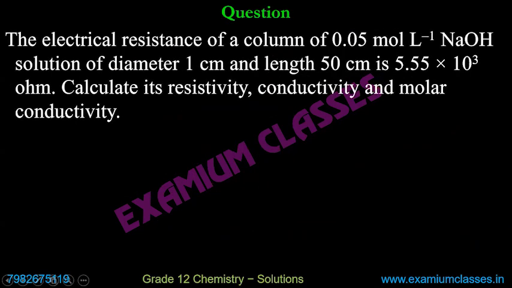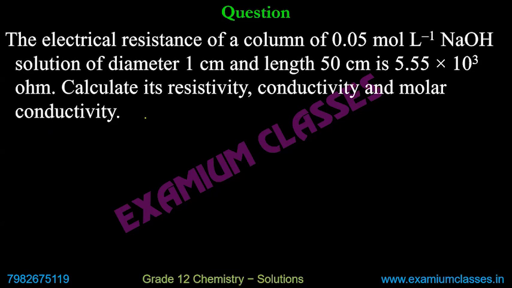Right, next question. The electrical resistance of a column of 0.05 mole per liter NaOH solution of diameter 1 centimeter and length 50 centimeter is 5.55 into 10 power 3 ohms. Calculate the resistivity, conductivity, and molar conductivity.